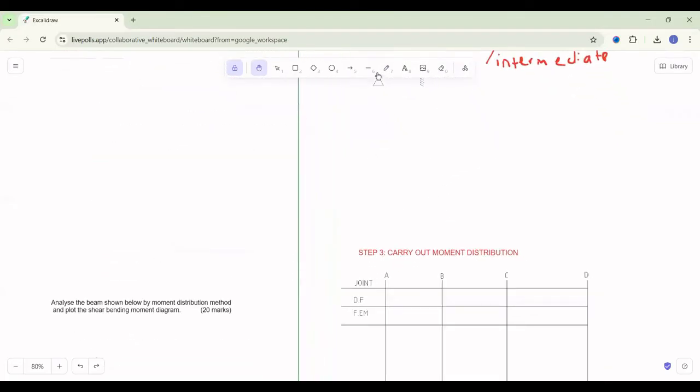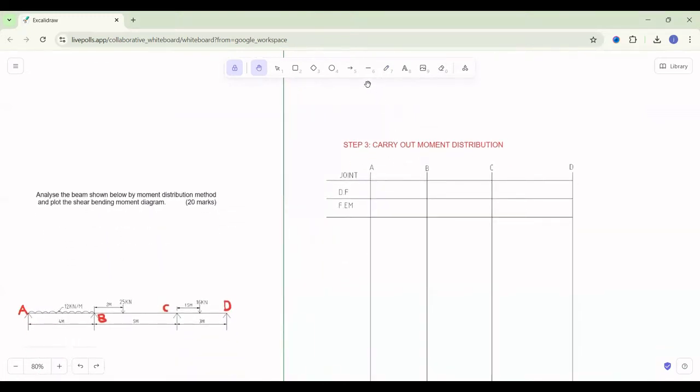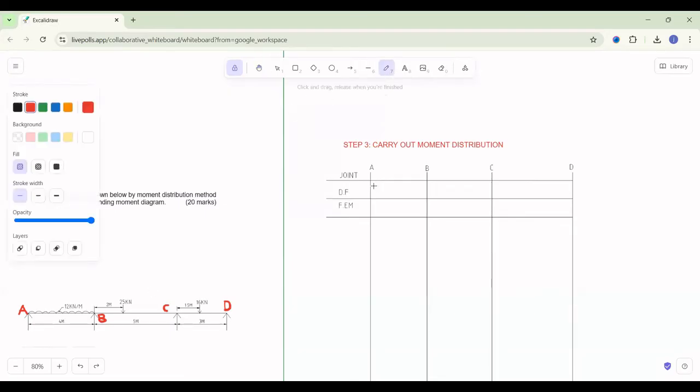Step number 3, we are going to carry out now the distribution factors. Remember at joint A, we have said the end is pinned. With the joint pinned here, the distribution factor here will be 0. Joint BA, this is BA. Please remember BA.